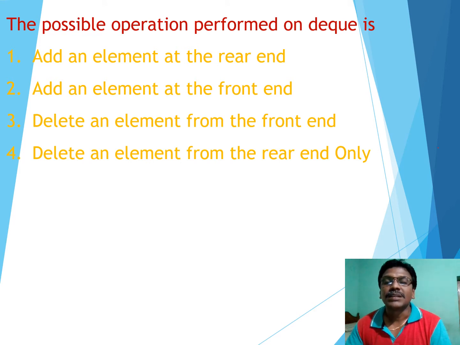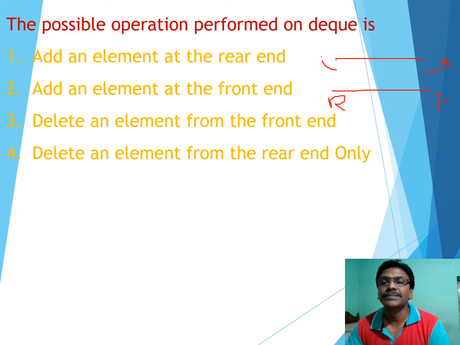It means the four operations, deletion and insertions, can be performed at both ends, front end and rear end. Deletion can be performed at both ends. In the same way, insertion can be performed at both ends.